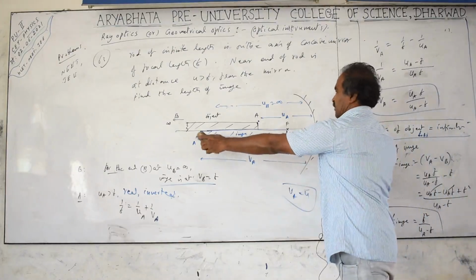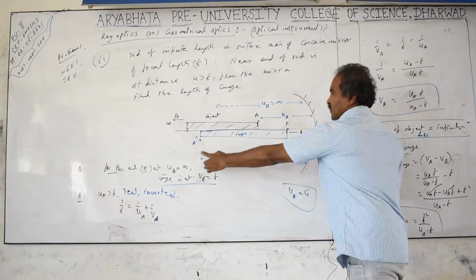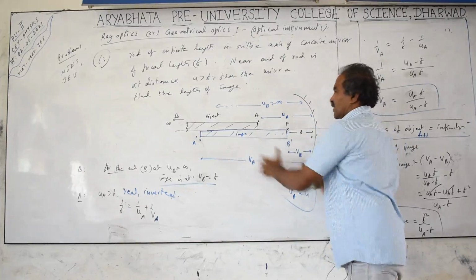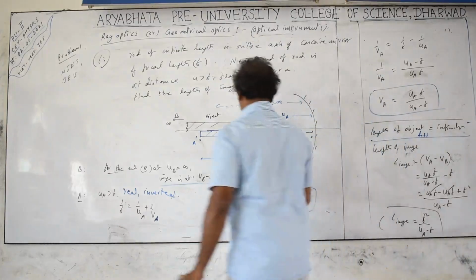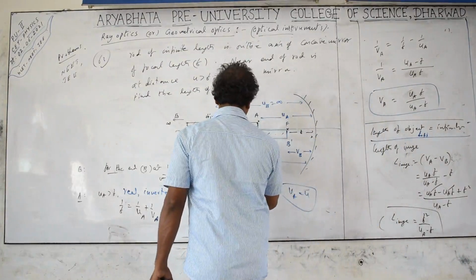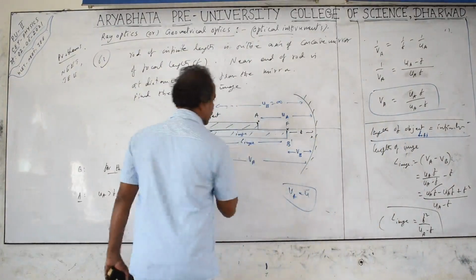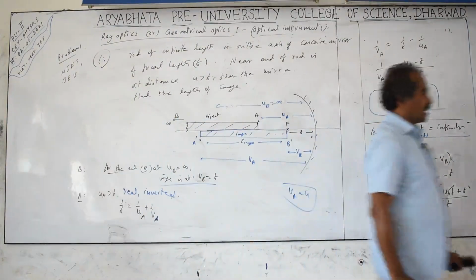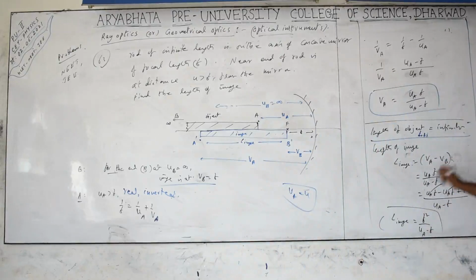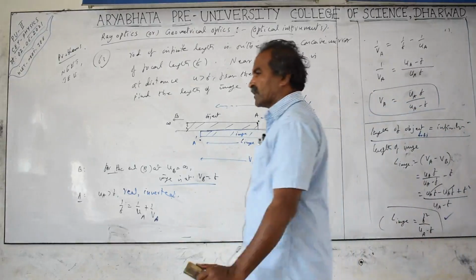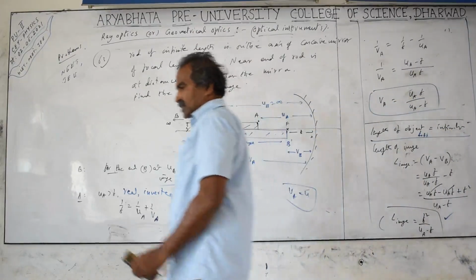VA minus VB is equal to the length of the image, the difference of the image distances of A and B. You get the expression as f square by UA minus f. UA is given as u, so u minus f is the answer for us.